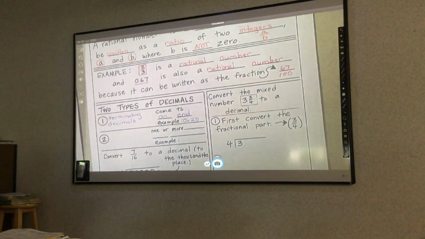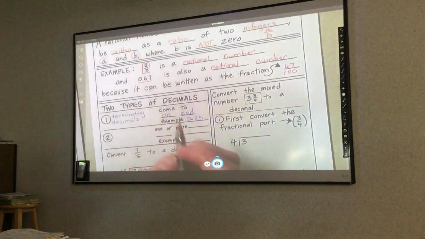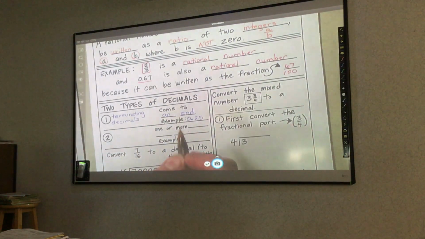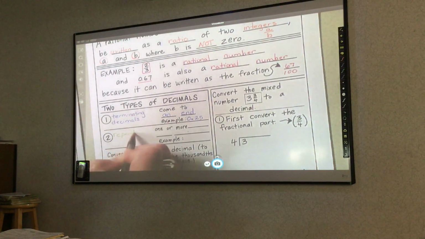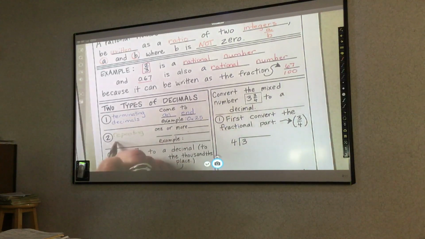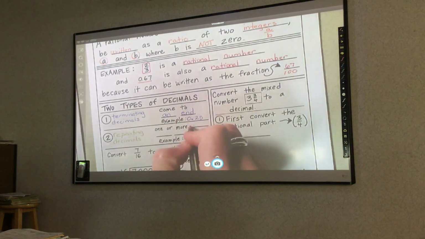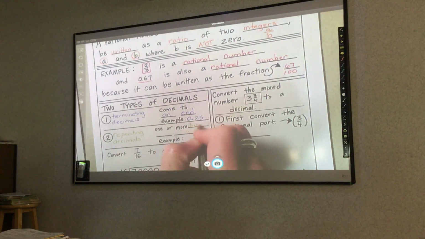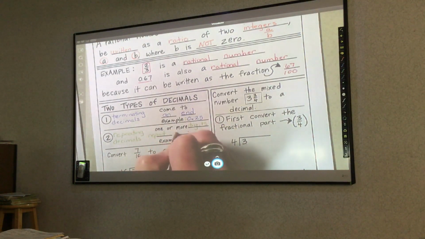So the other kind of decimal that you guys are used to working with are the ones that, yep, repeating decimals. Is where one or more digits repeat, and this is the word indefinitely.